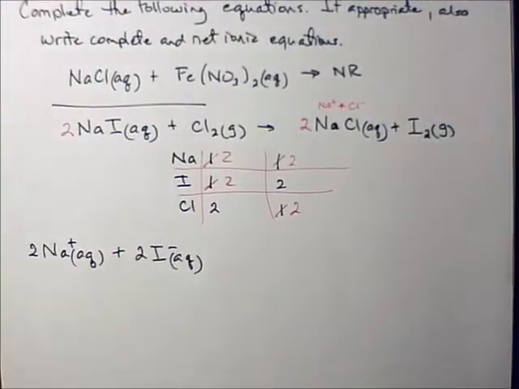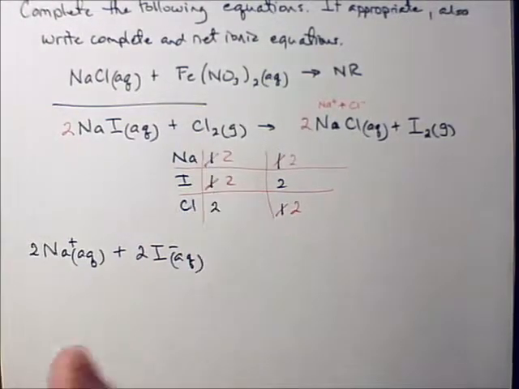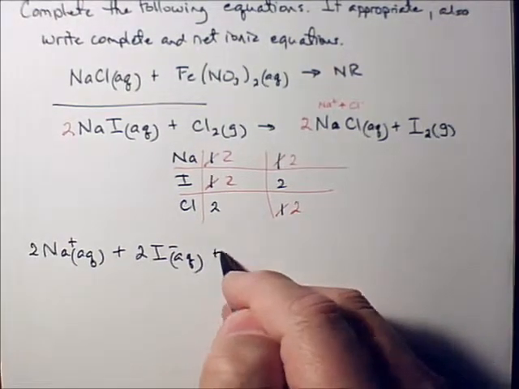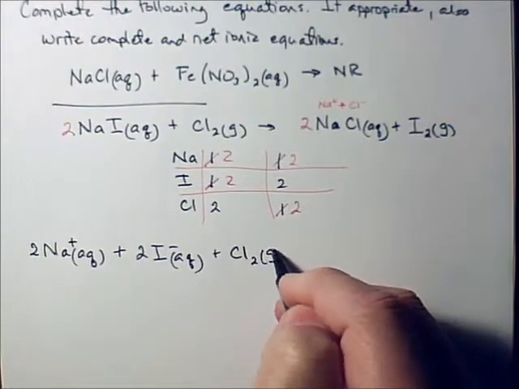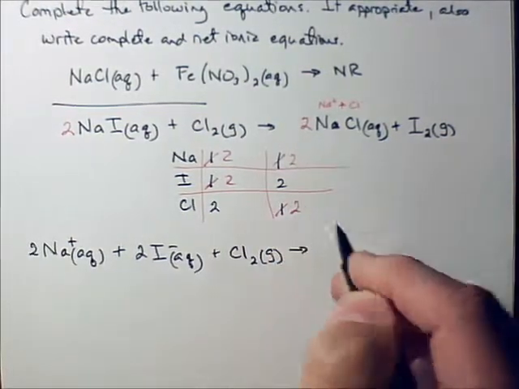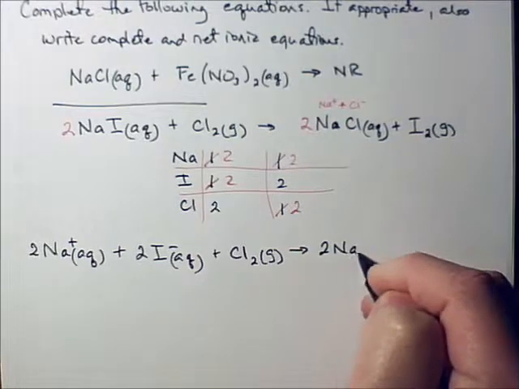Okay? Alright, so then chlorine, we said, is not ionic. It's not aqueous, so we have to just keep it together, just the way it shows it being here, a diatomic element. This is going to split up into 2 sodiums.